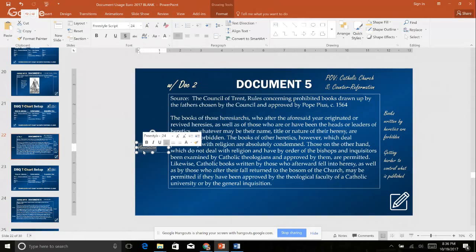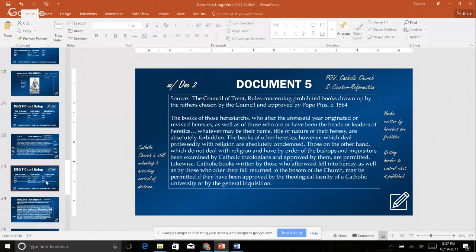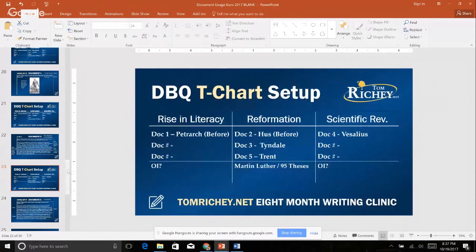Okay, so we see here that the Catholic Church is still unbending in asserting control of doctrine. Okay. And we could bring in the Counter Reformation and some of the situation there. So, as far as that is concerned, we've got that document that's going to be used there.